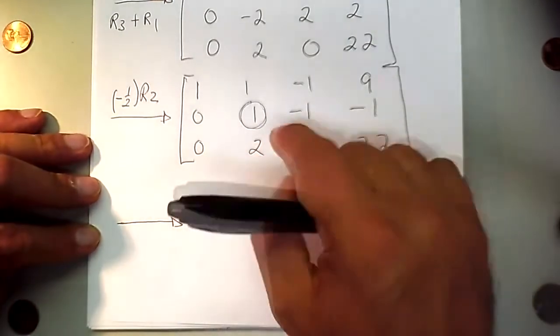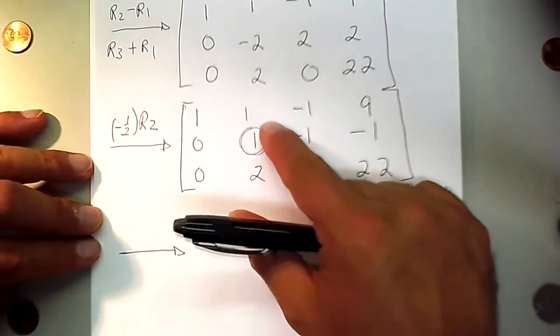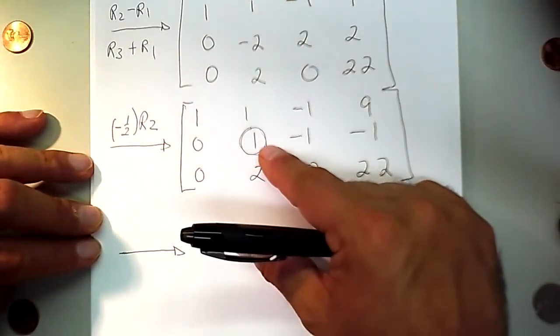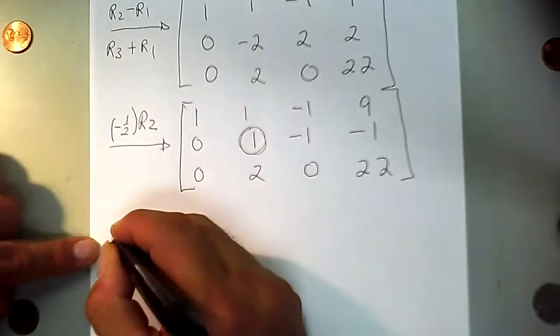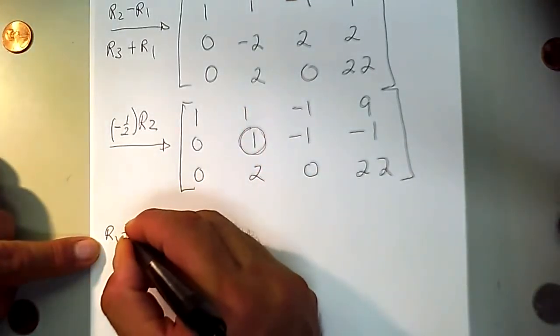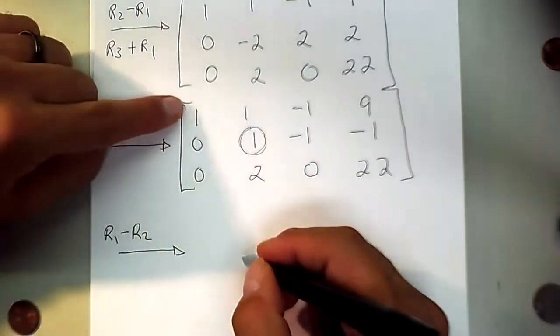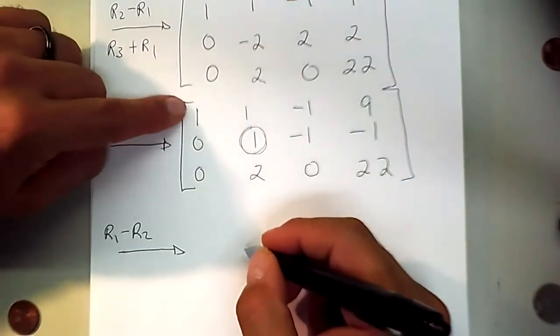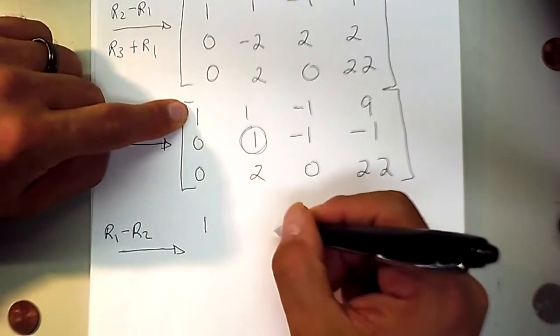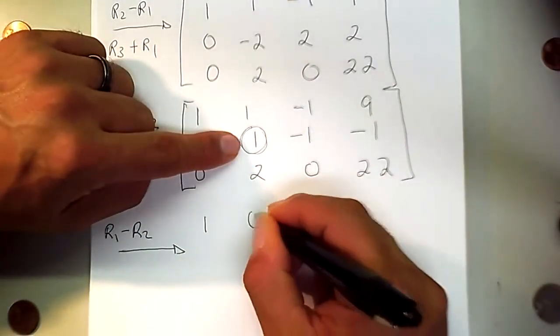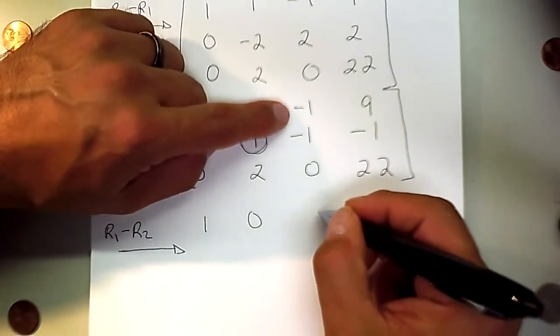Okay, so we're gonna take the first row, take away the second row, and that's gonna clear this guy up. We're gonna have a 0 there. So row 1 minus row 2, let's do it, 1 minus 0, and we don't wanna mess up this 1. 1 minus 1, 0, negative 1 minus negative 1.